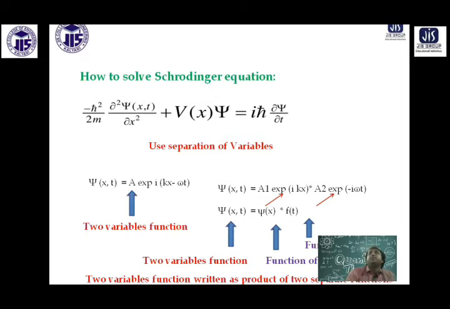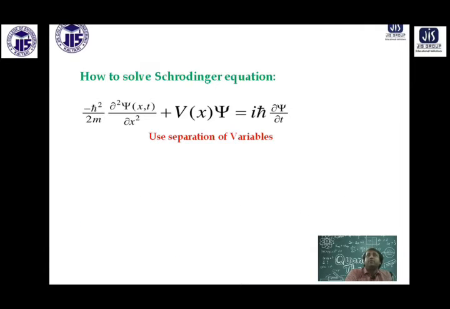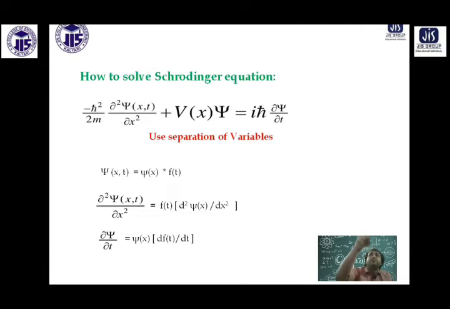If you replace the value of d2 psi dx2, it will be f(t) times d2 psi dx2 with the minus h square term, and del psi del t on the right hand side will be, here only the time part will be differentiated, df dt, and psi(x) remains the same. After that we will do the replacement.